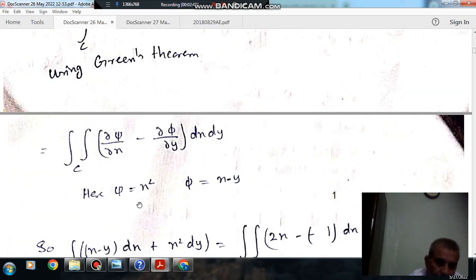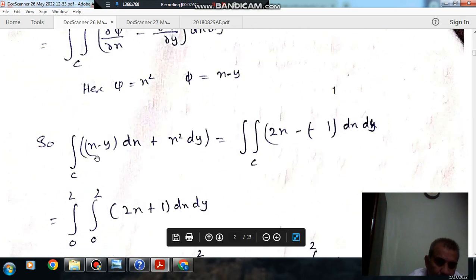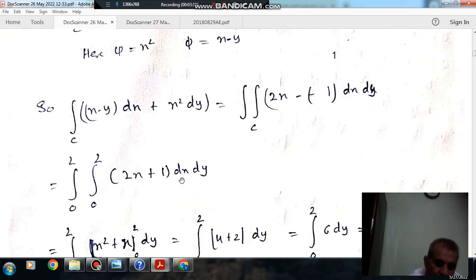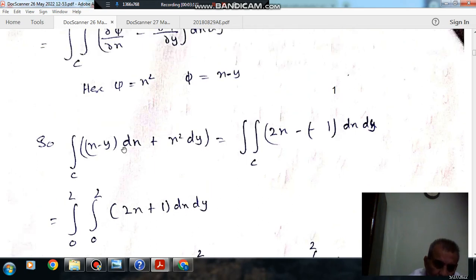So the differentiation of psi will be 2x, and the differentiation of phi will be minus 1, so it will be 2x minus (minus 1), that is 2x plus 1, dx dy. Now this line integral has been changed into an area integral.